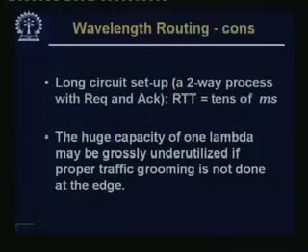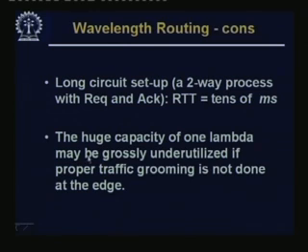So it depends on the situation, but if your traffic is changing dynamically and you want to adapt which light paths you assign in a dynamic fashion, then tens of milliseconds may be a lot of time. And the other problem is the huge capacity of 1 lambda. How much traffic can 1 lambda carry? Maybe of the order of, let us say, 2.5 gigabits per second, or maybe even more these days. So, its capacity is very huge.